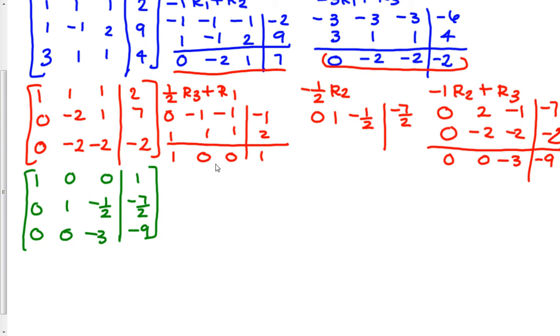So I'm going to multiply row 3 by a negative 1 over 6, and I'm going to add it to row 2. So 1 over 6 of row 3 will give me 0, 0. Negative 1 over 6 of negative 3 is 1 half. 1 over 6 of negative 9 is negative 3 halves.